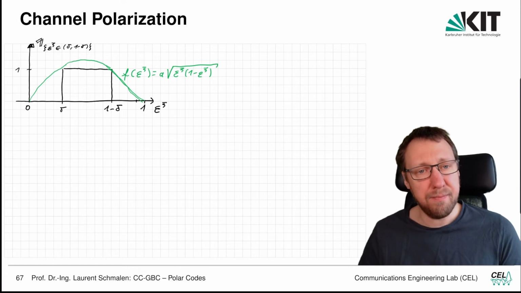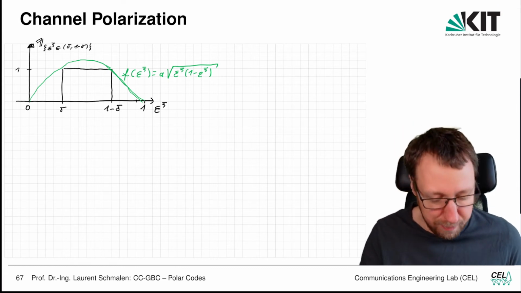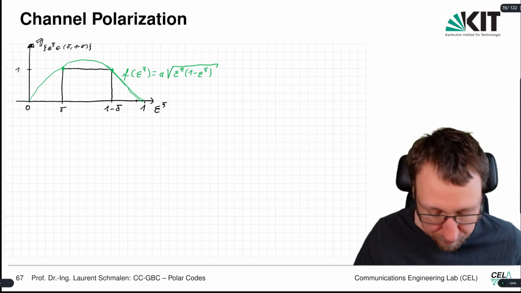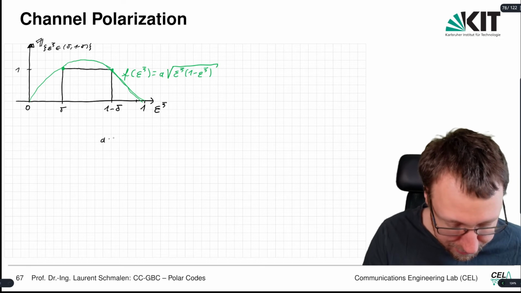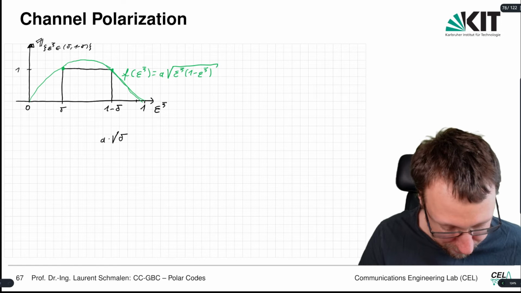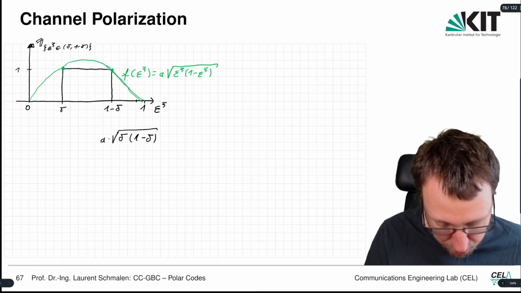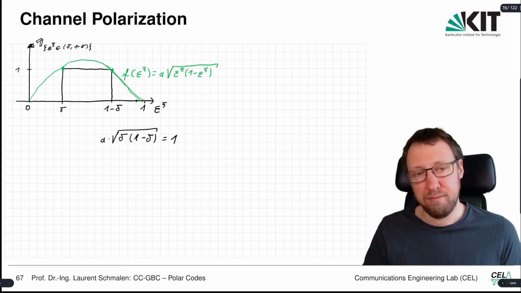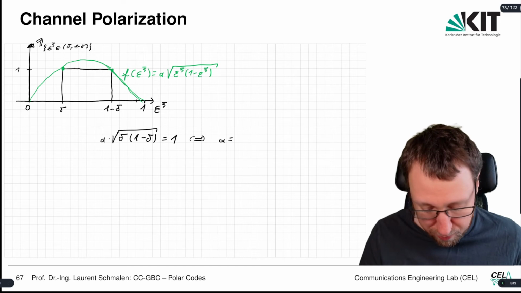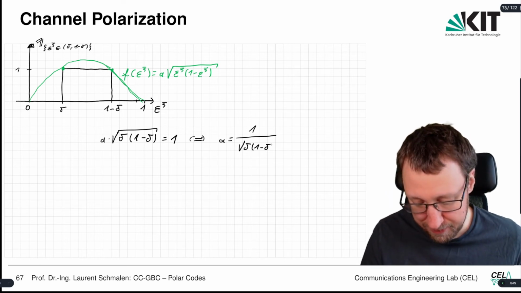So what is a? How do we choose a? Well, we want the best possible approximation, so we assume that the points touch here. So a times the square root of delta times 1 minus delta should be equal to 1. That means that a is equal to 1 over the square root of delta times 1 minus delta.